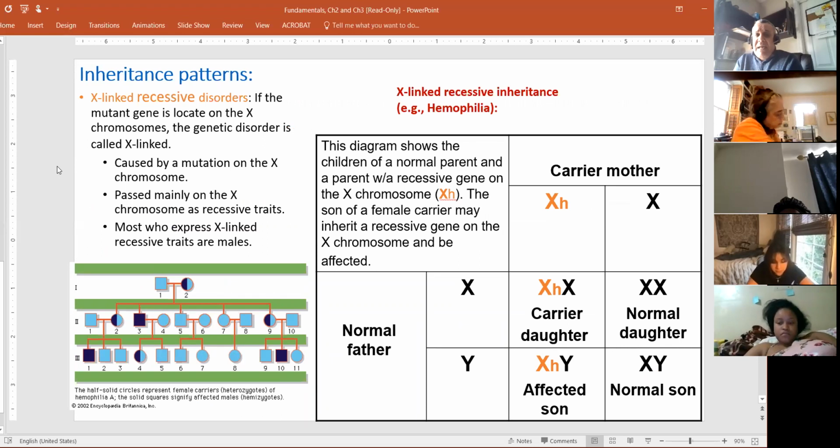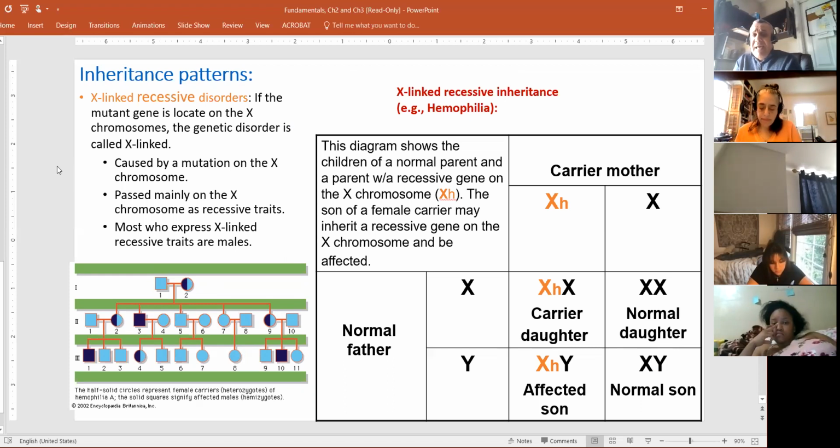The X-linked recessive, who would be more protected, males or females? Females. See, because of the two X's, normal daughter here, two X's, right? You can think about this as the additional X protecting the female.